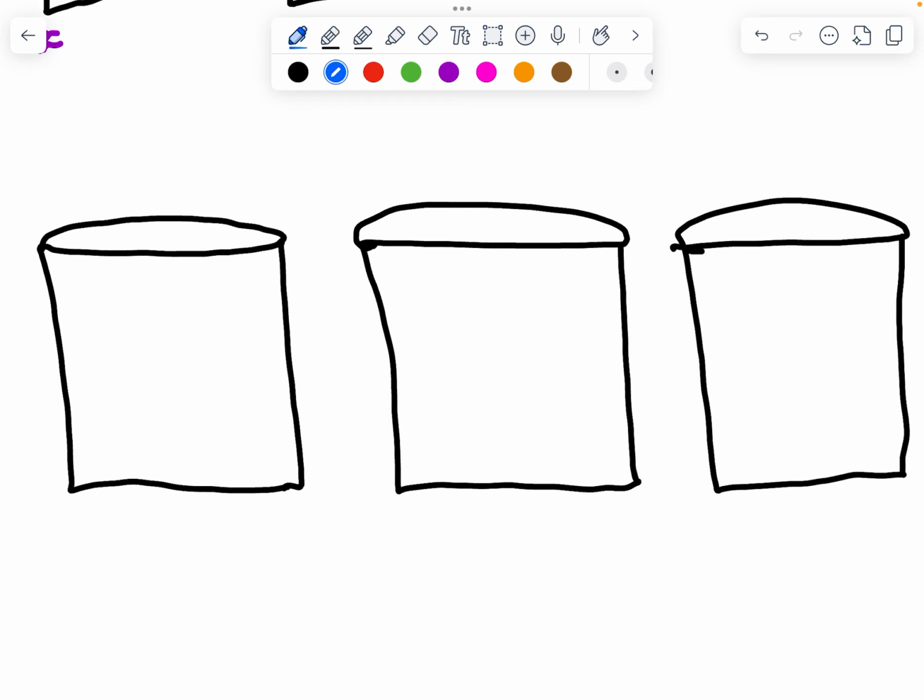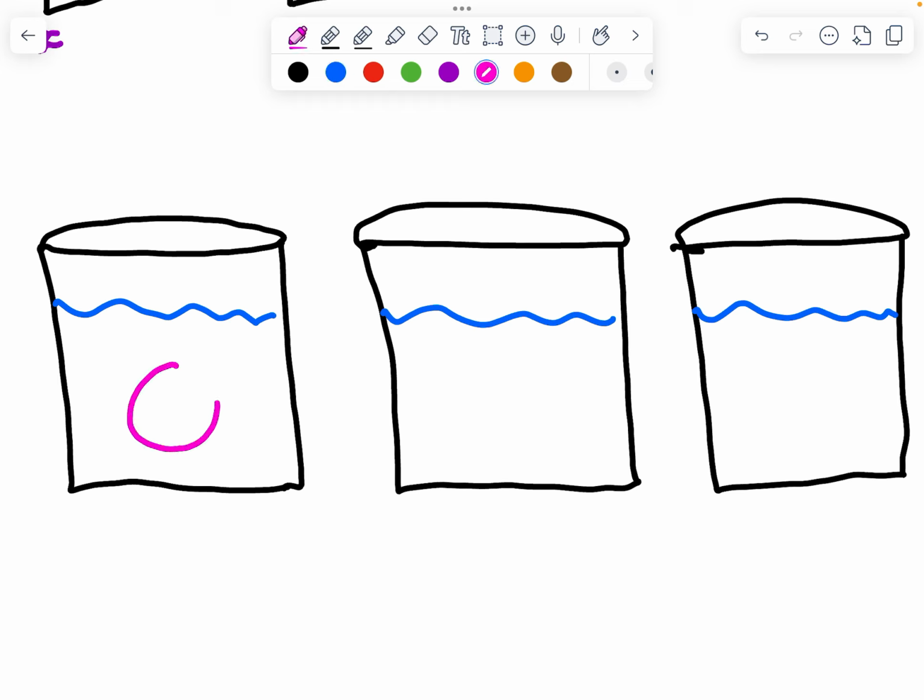So imagine these are our beakers. And in our beaker, we have our water, we have our cell. For each of the cells, we're going to illustrate 4 solutes. Now, because there are 4 solutes in each of the cells, we need to figure out what type of solution we have.